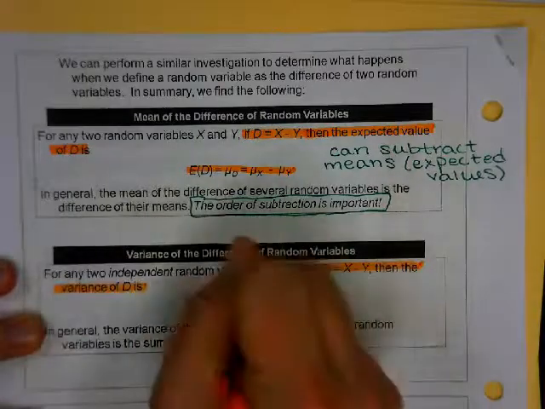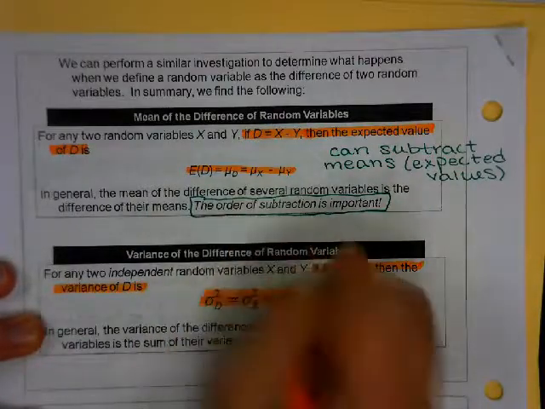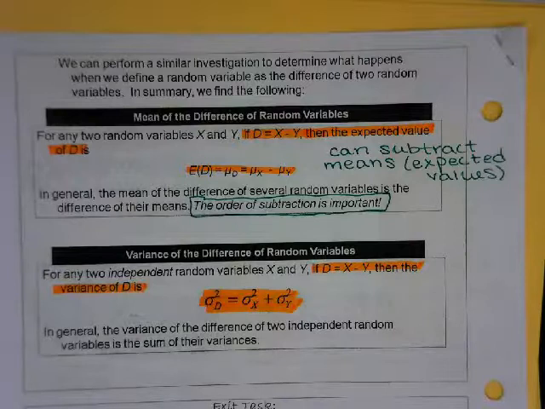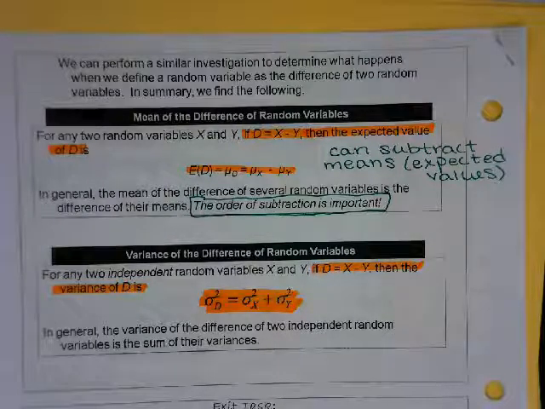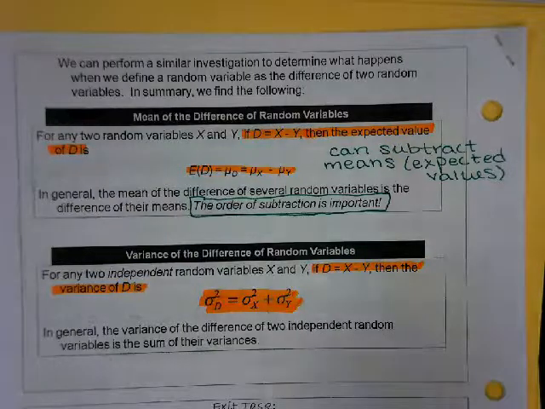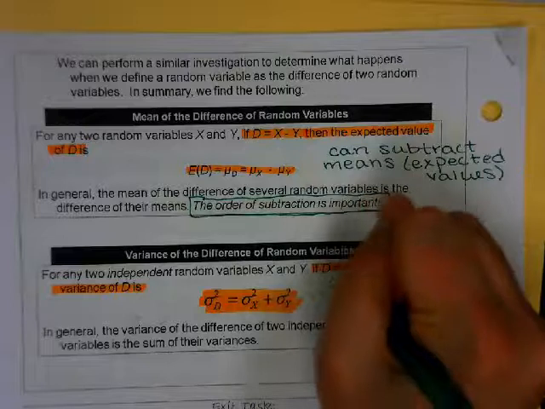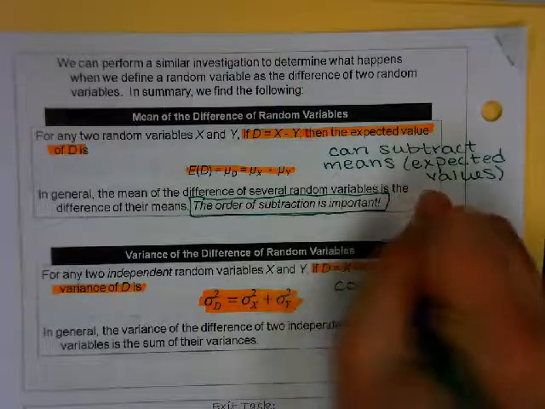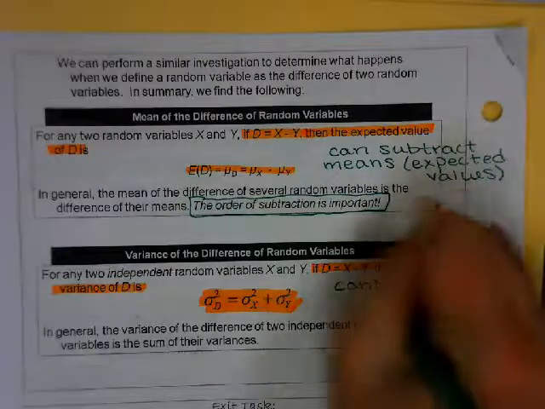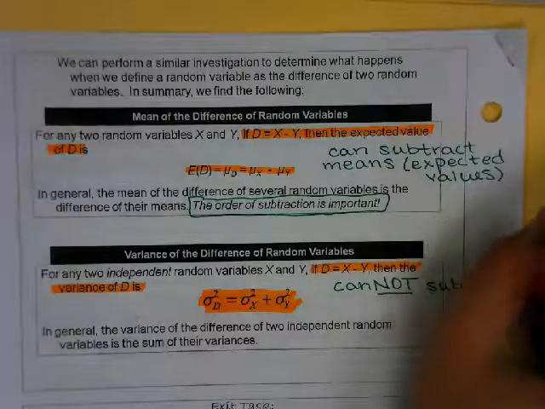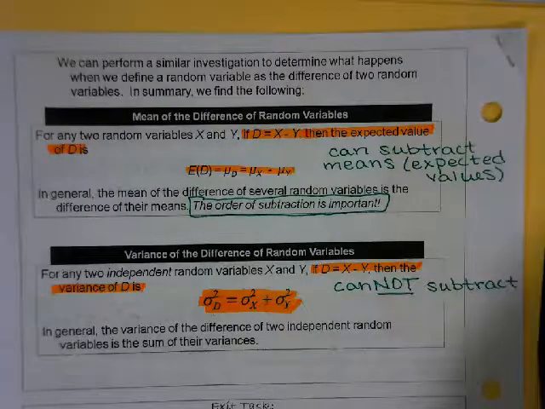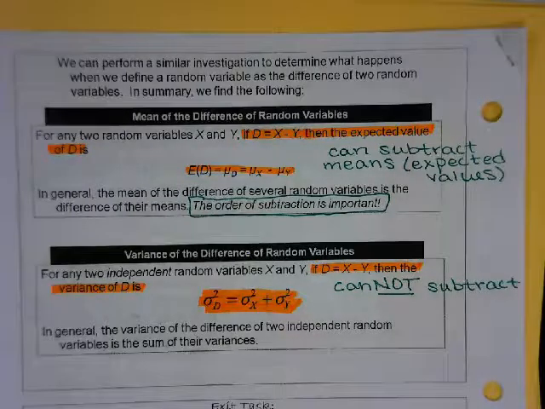You don't ever subtract variances. So even though finding standard deviation might have a few more steps, you have to square the standard deviations, add them together, square root them. No matter whether you're adding two variables or subtracting them, it's the same steps.